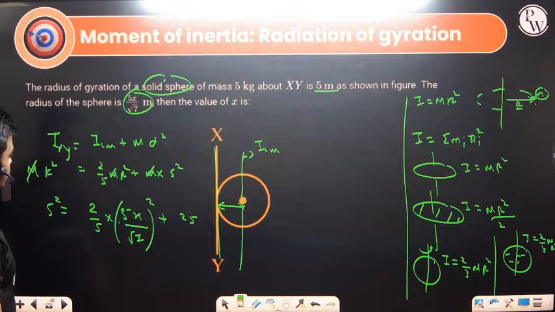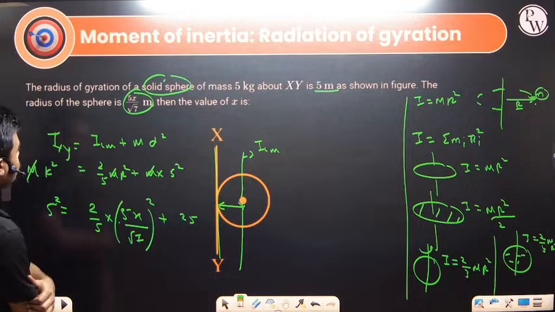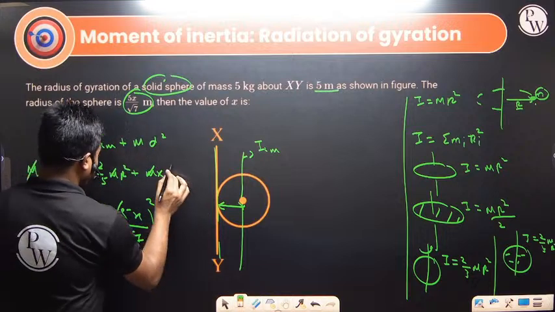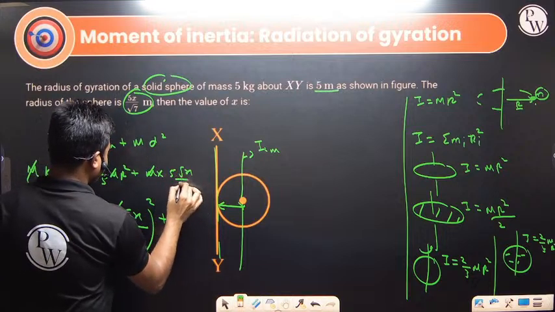So we are getting this. If we solve this particular case, M into D square, this M is cancelled everywhere. The radius of gyration is 5 meter square. M into this distance is again 5 root x whole square.